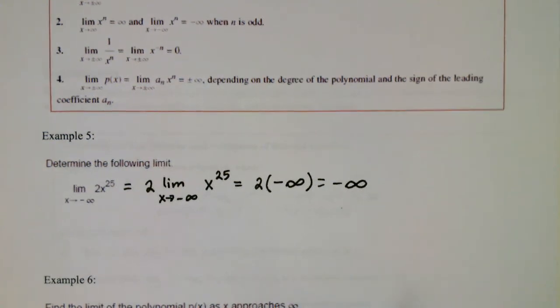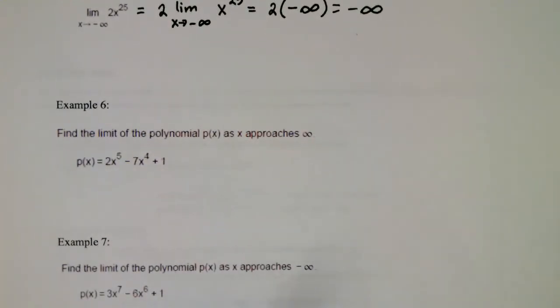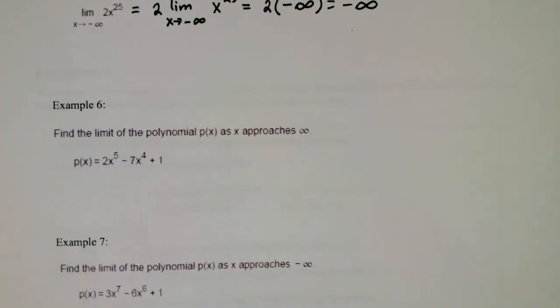All right, let's look at example 6. Here I want to find the limit of the polynomial p of x as x approaches infinity. We have p of x equal to 2x to the 5th minus 7x to the 4th plus 1.